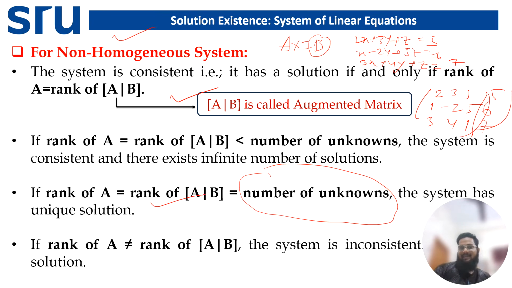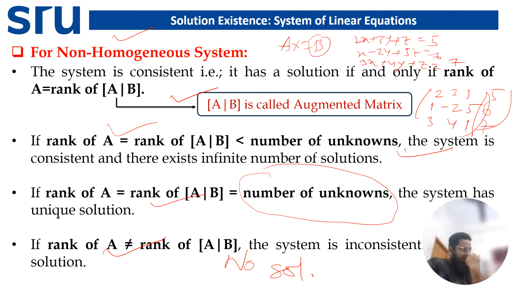And if the rank of A and the rank of the augmented matrix are less than the number of variables, that means less than 3, then it has many solutions. And if the ranks of the A matrix and the augmented matrix are not the same, then it is called inconsistent, that means no solution.